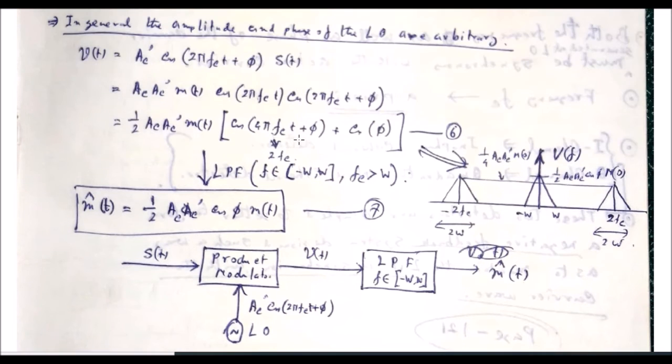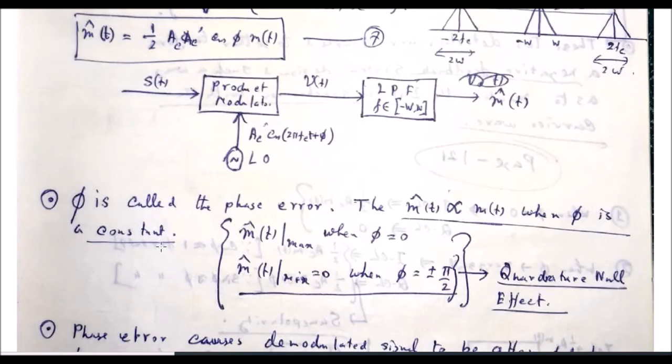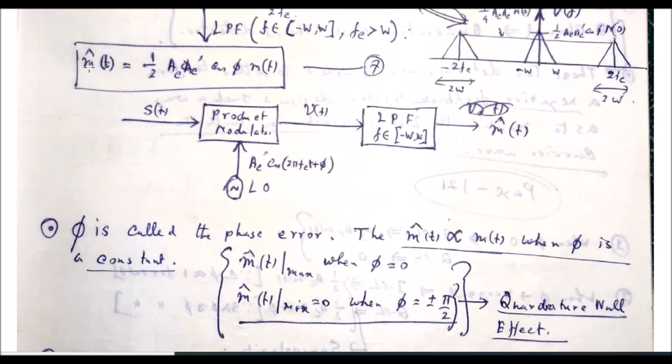It is v(t), which is generated by multiplying the locally generated carrier with s(t), and after low pass filtering, the first term will be cancelled out, but the second term will remain as a factor, cos phi. This cos phi is called the phase error. Although m-hat(t), the estimated message signal at the output of the synchronous detector, should be proportional to m(t) when phi is constant.